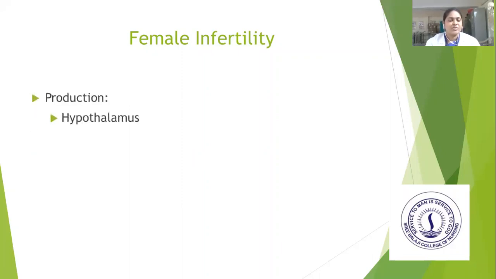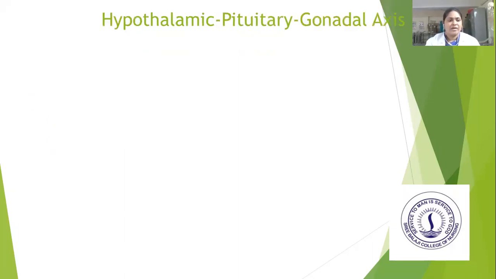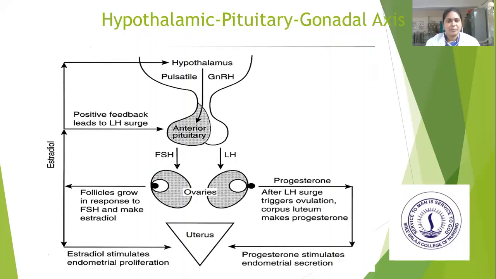And in the female, production, storage, delivery. In production, we are going to see the hypothalamus, pituitary, and the ovary, the hypothalamic-pituitary-gonadal axis. From the hypothalamus, the signal is sent to the anterior pituitary, where FSH and LH act; the follicles grow in response to FSH and make estradiol, and at the ovaries and uterus the estradiol stimulates endometrial proliferation.